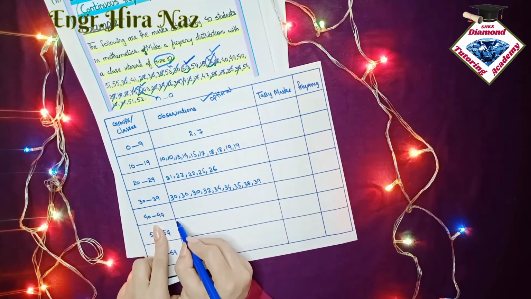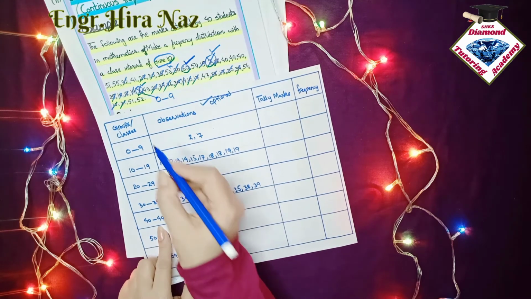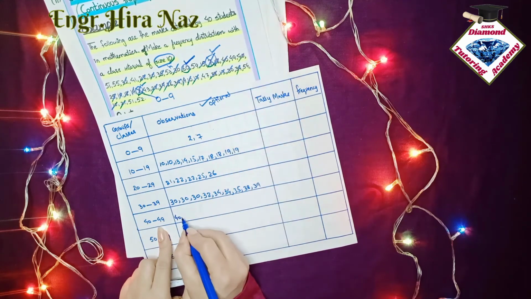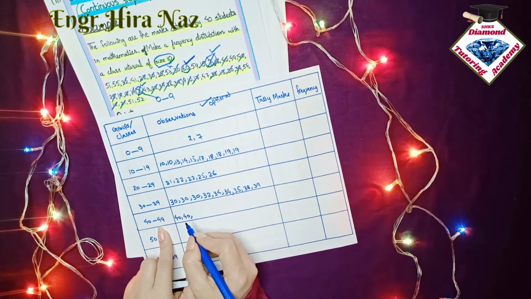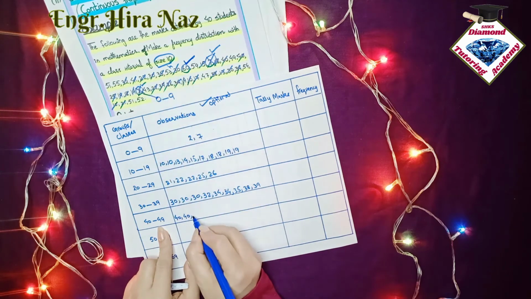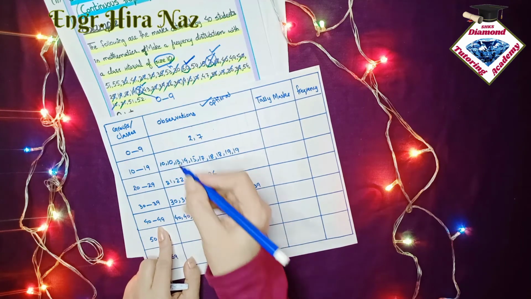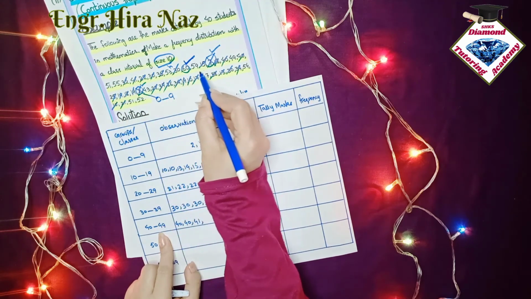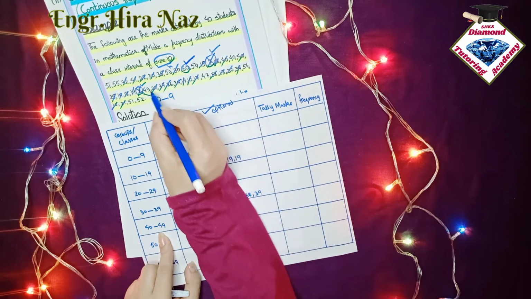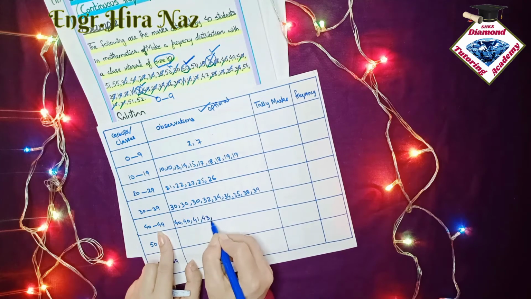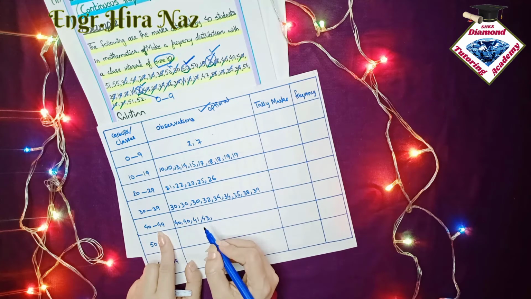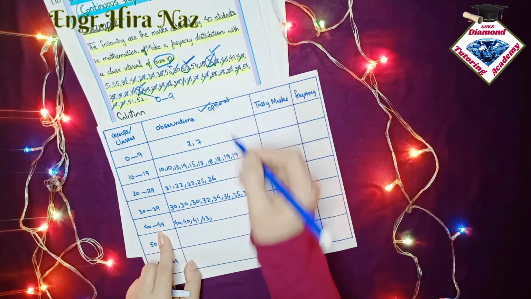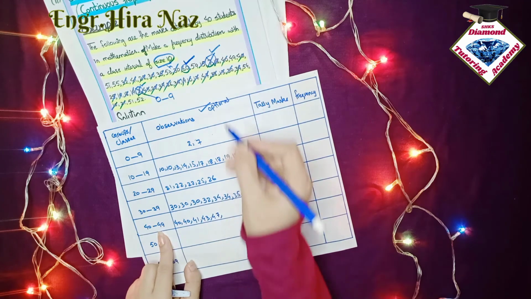Values from 40 to 49 include 40, again 40, 41, 43, 47 and 49.